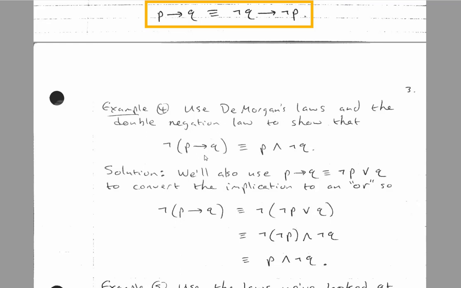So first we have to convert this implication to, in this case, an or. Okay, so using this equivalence we saw before.